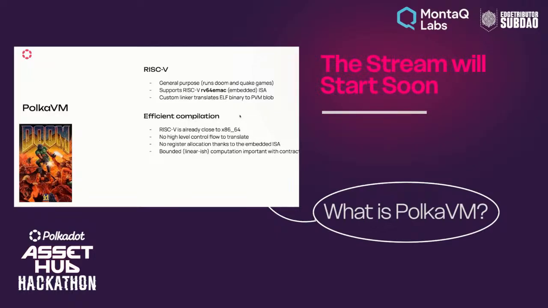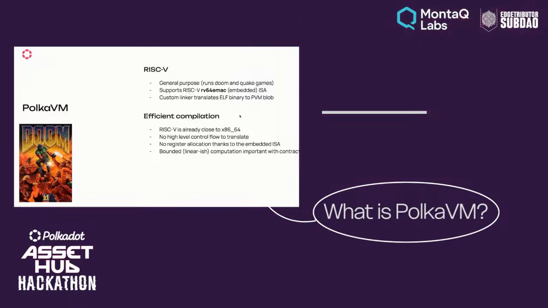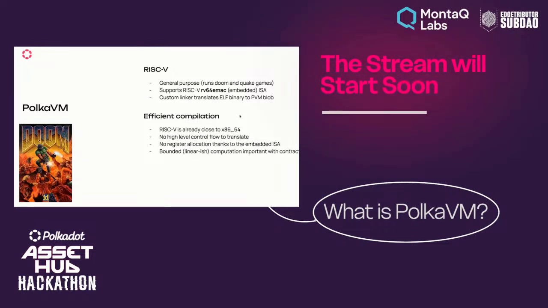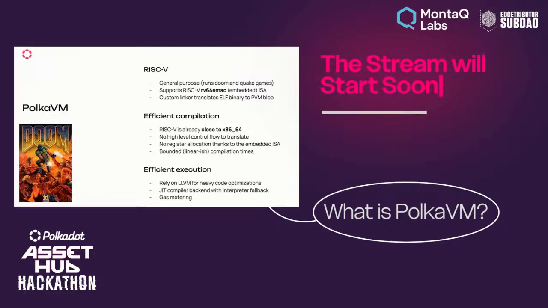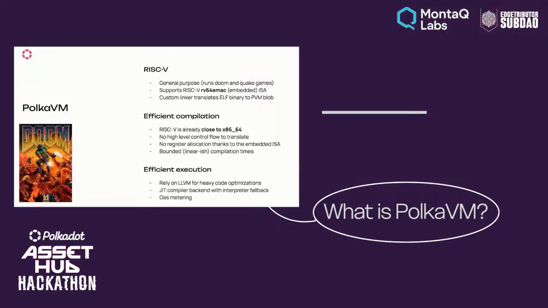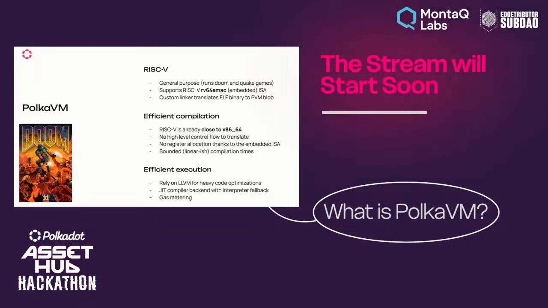So this means we have very efficient compilation, and the contracts we execute are very optimized and fast. And yeah, PolkaVM also has gas metering with a gas model suitable for contracts, which not all WebAssembly implementations have.